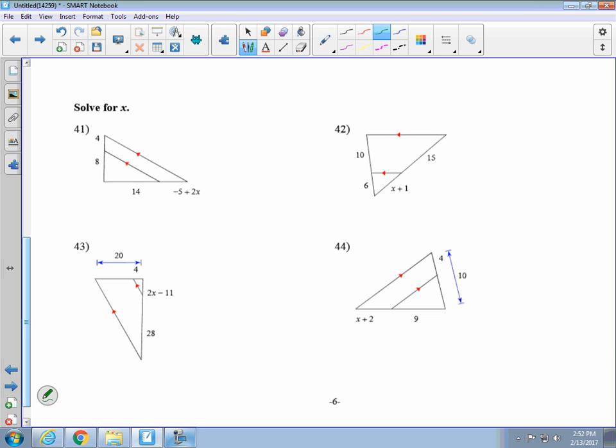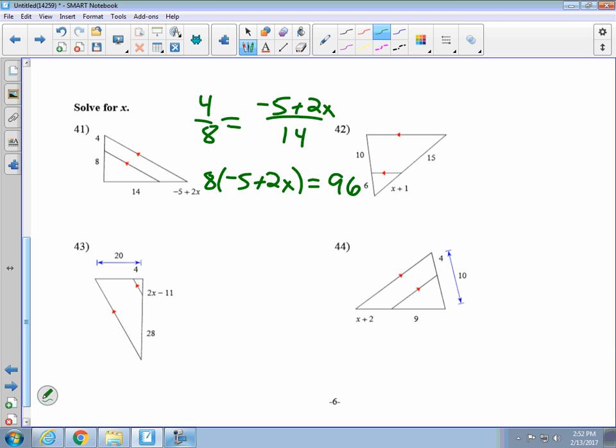So you could do something like 4 over 8 is equal to negative 5 plus 2x all over 14, and we still are going to do some cross multiplying here. I'll check this. I think that's 96. Nope, 56. See, that's why it's handy to have a calculator right by you.